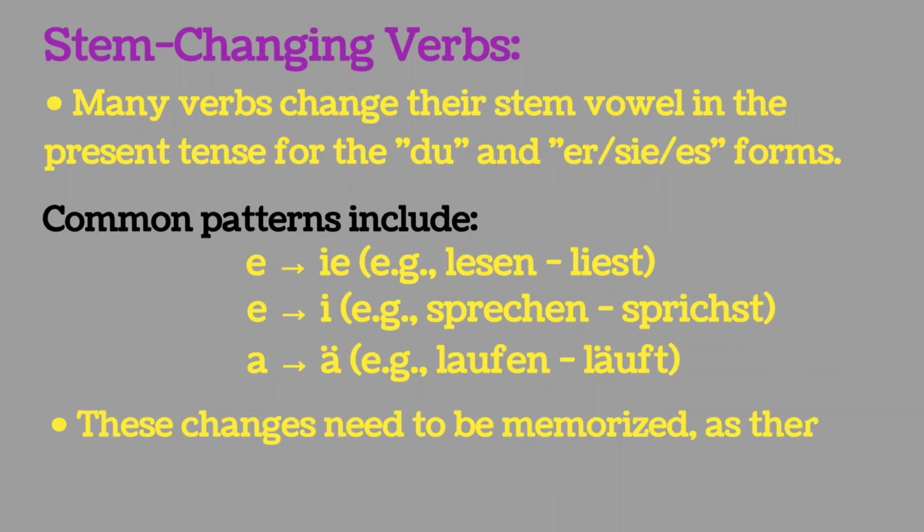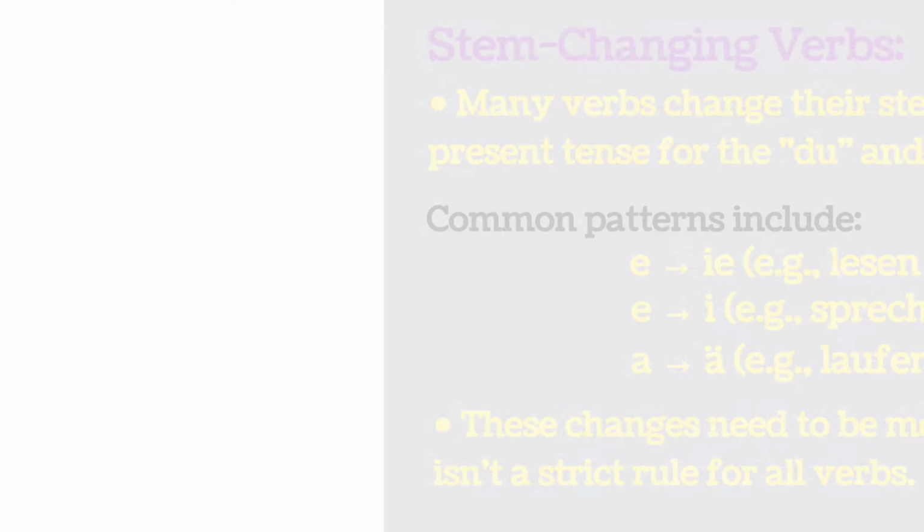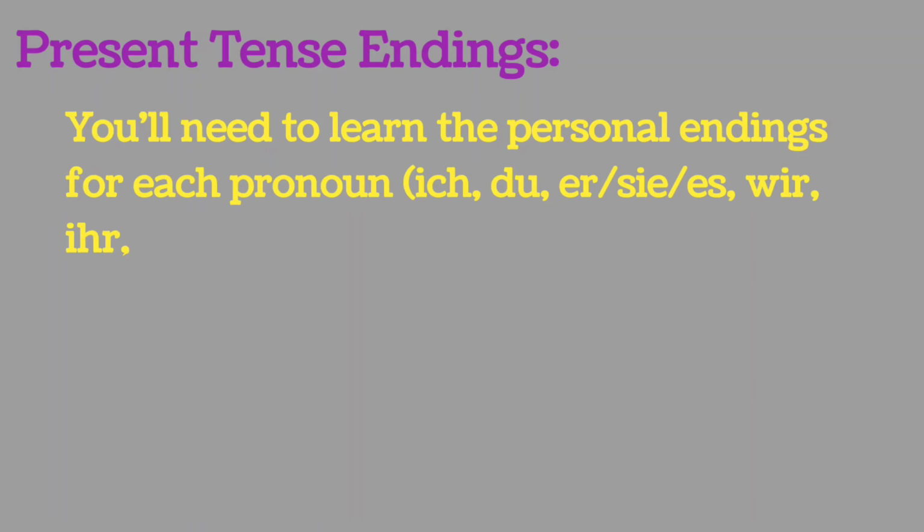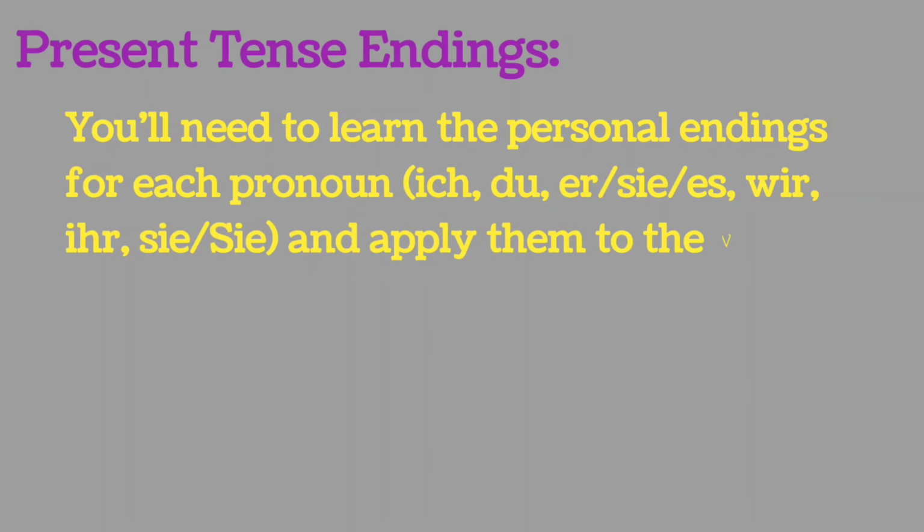These changes need to be memorized, as there isn't a strict rule for all verbs. Present tense endings. You'll need to learn the personal endings for each pronoun and apply them to the verb stem.